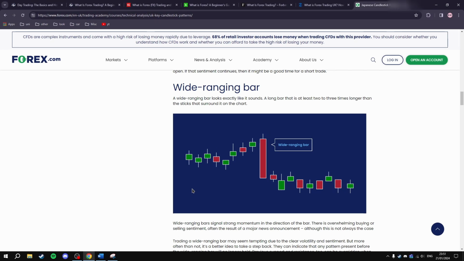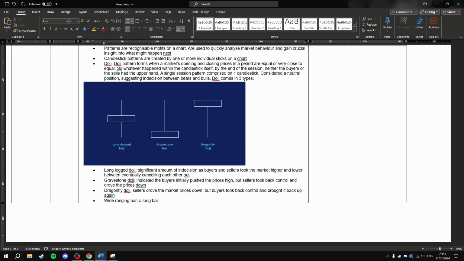Okay, a long bar, two to 3 times longer than the sticks that surround it.